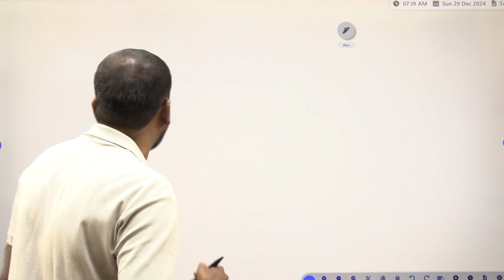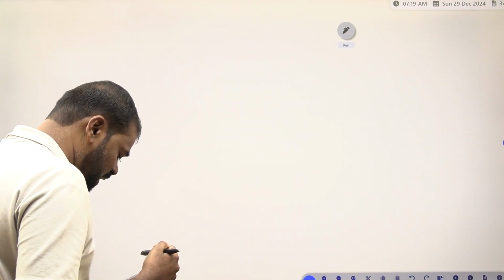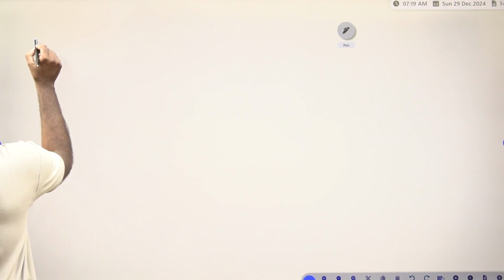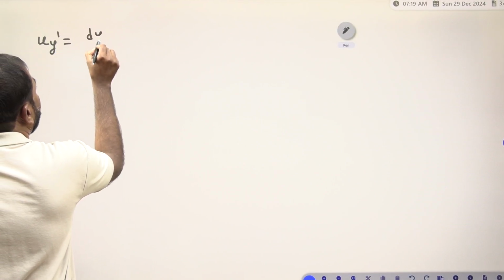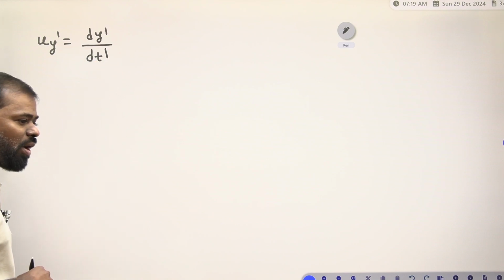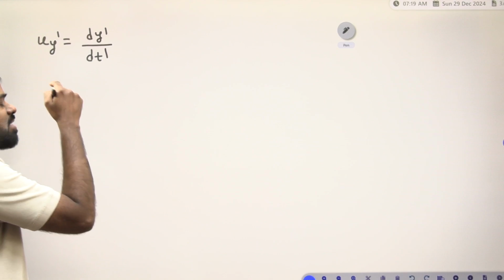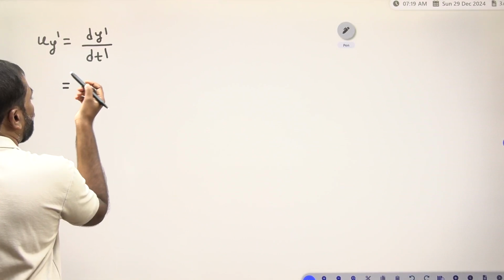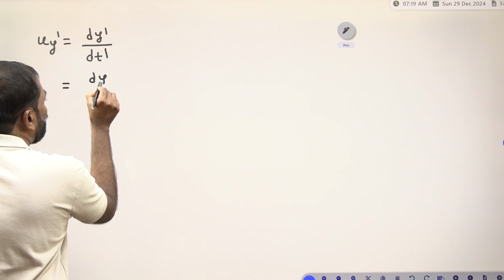Similarly, we have to calculate u_y dash also. So what is u_y dash? u_y dash is equal to dy dash divided by dt dash. This is very important, please concentrate on this. So dy dash is equal to dy, you know this.